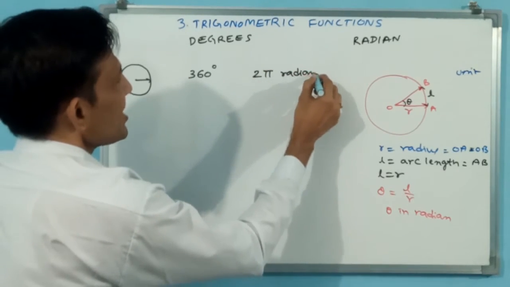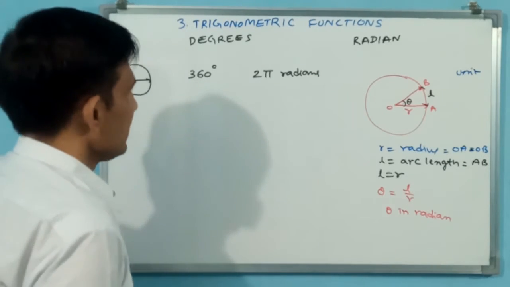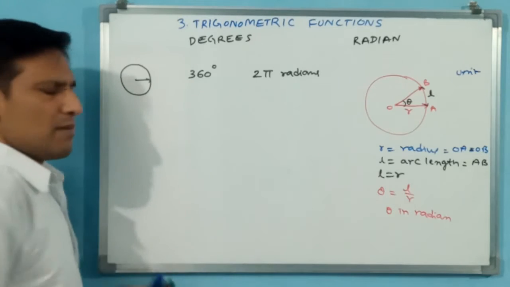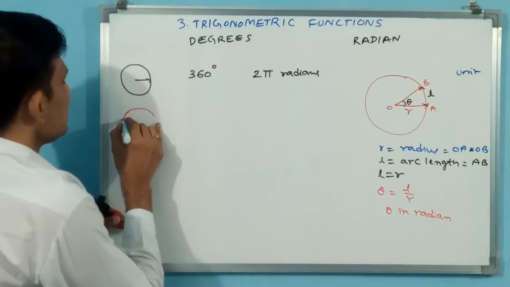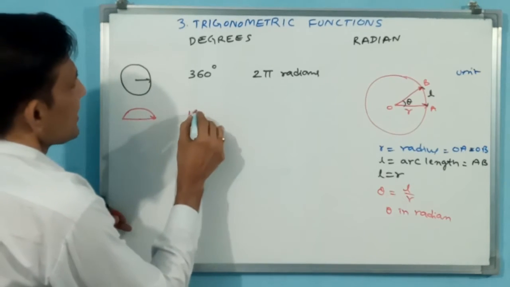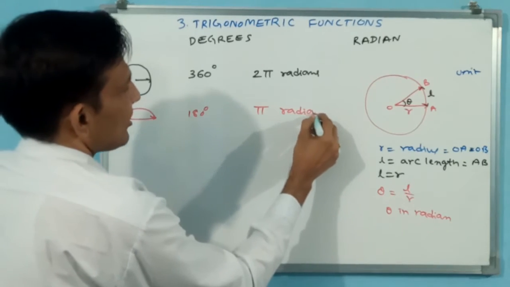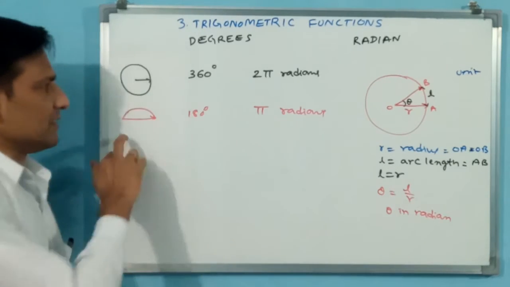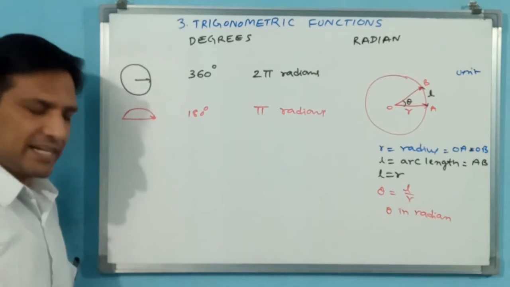Radians I am writing, but even if you don't write it, 2 pi means radians. Okay, this is standard, but can we make a simple standard? Half circle is 180 degrees, here pi radians. This you make as a standard: 180 degrees equals pi radians.